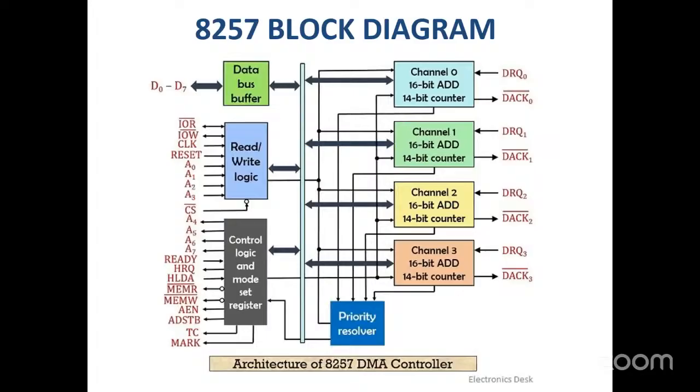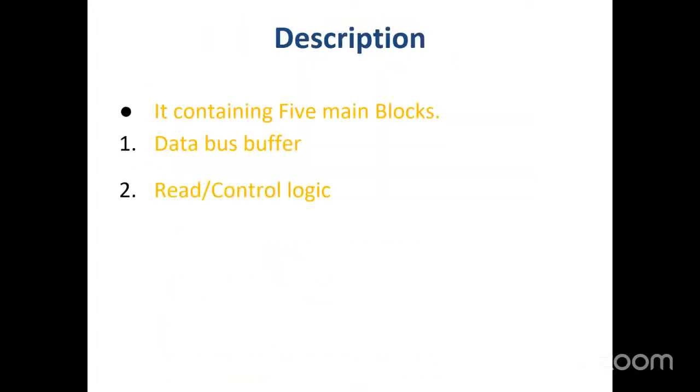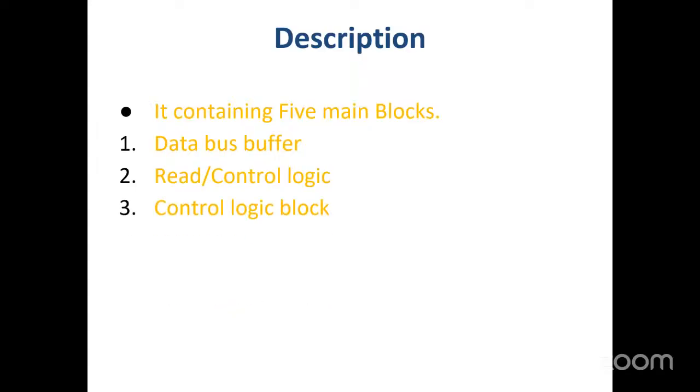The 4 channels are channel 0, channel 1, channel 2, channel 3. So the 8257 is categorized into 5 blocks: the data bus buffer, read write logic, control logic, the priority resolver, and DMA channels.